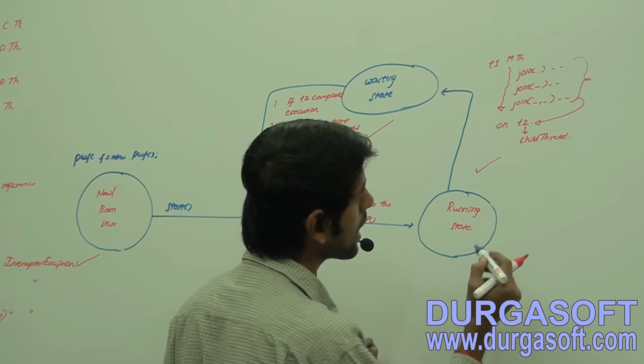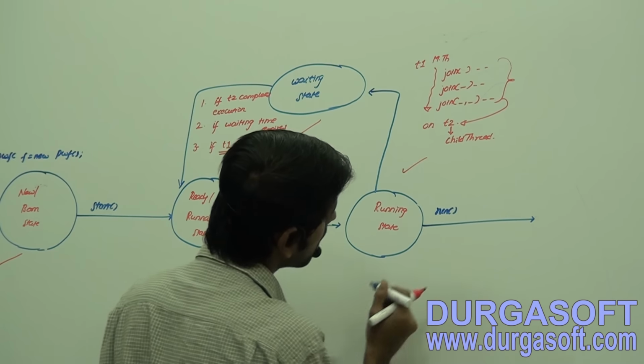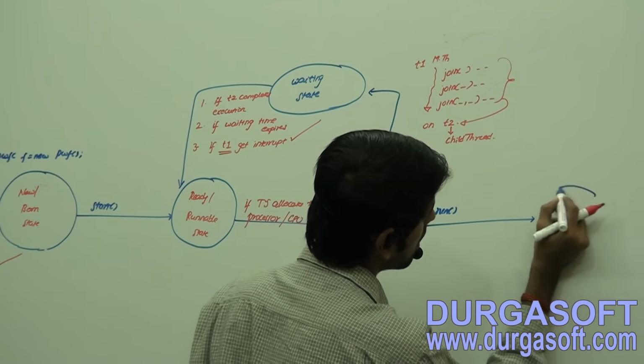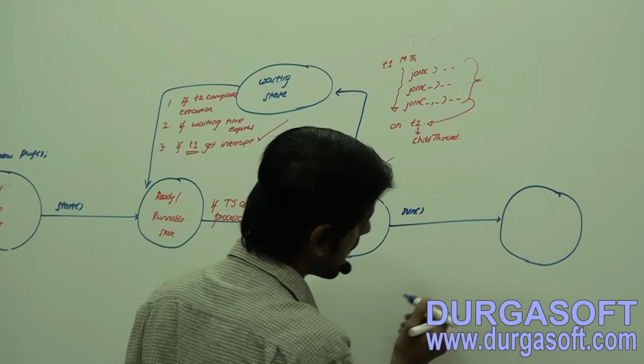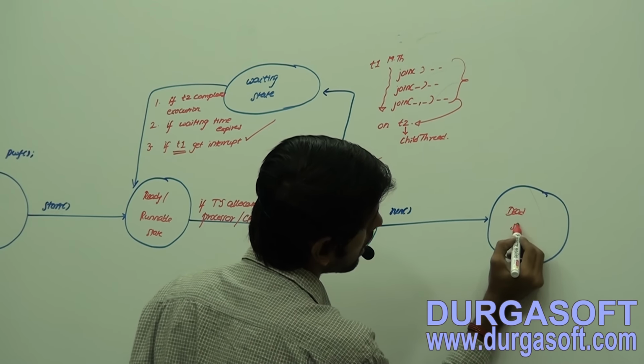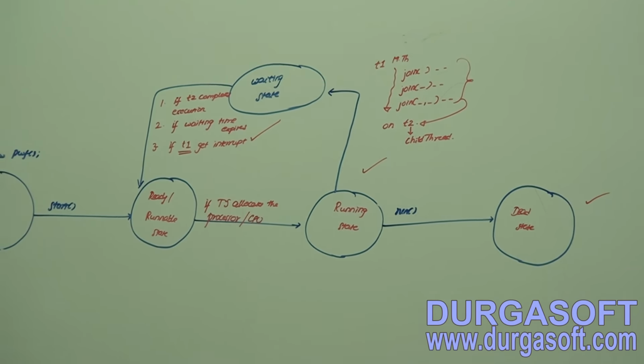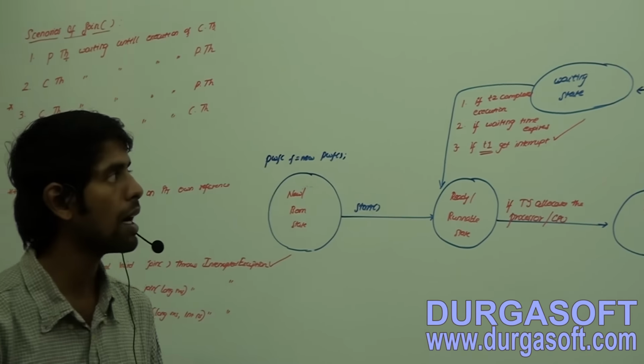That's very, very important. After completing the run method execution, it is going to be in the dead state. That's it, the thread's job has been finished. This is the life cycle of a thread with respect to the join method.